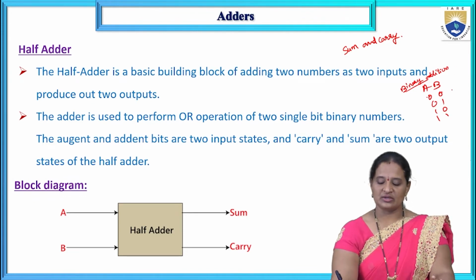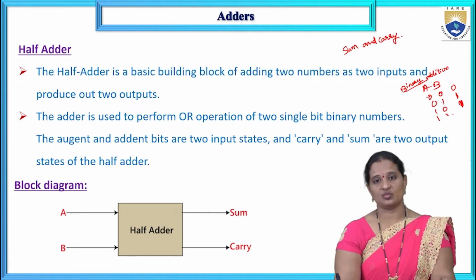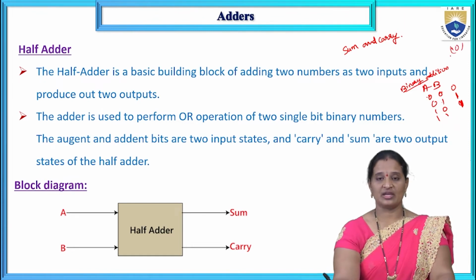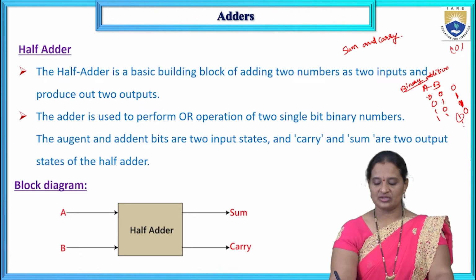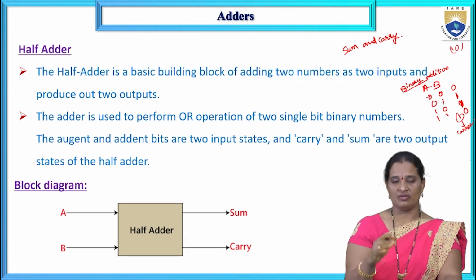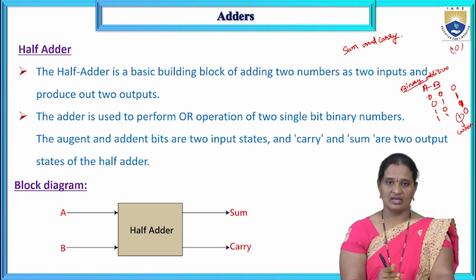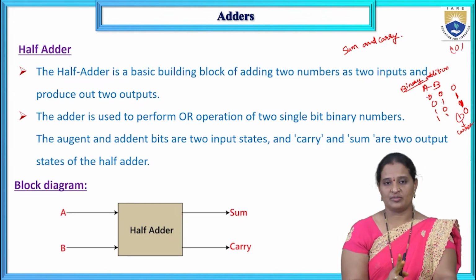Here 0 plus 0 is 0, 0 plus 1 is 1, 1 plus 0 is 1, and 1 plus 1 is, in decimal, 2, whereas in binary it is represented as 1, 0. So 0 is the sum and 1 is considered to be the carry. So whenever we are adding 2 bits of binary data, we can have 2 possible outputs: one is the sum and the other one is the carry.